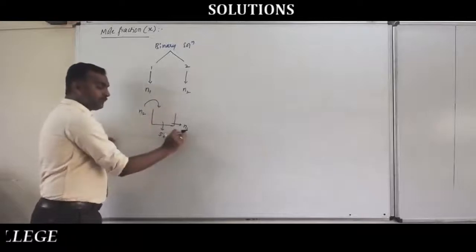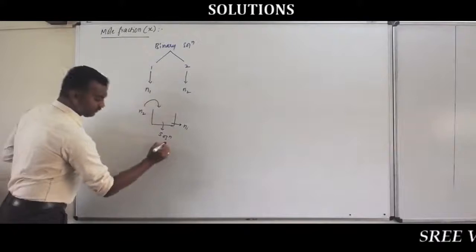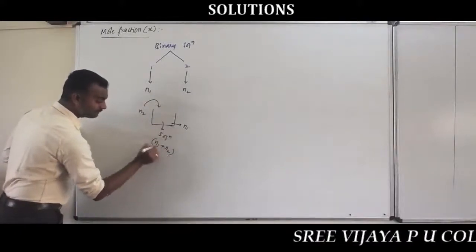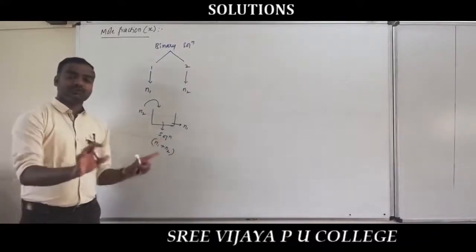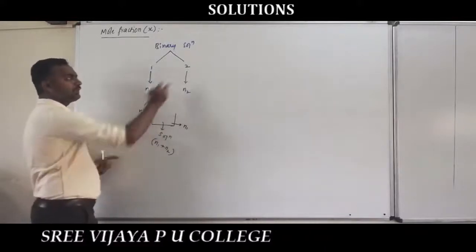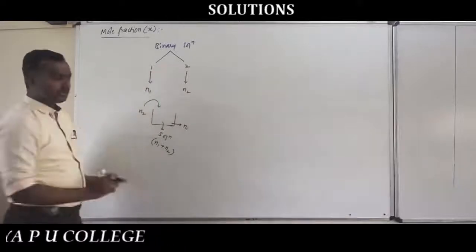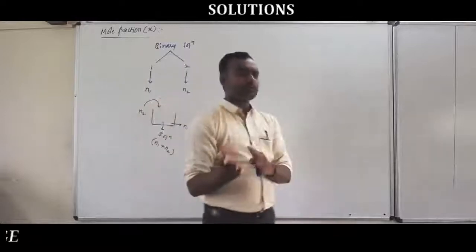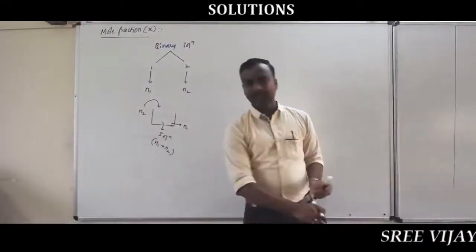Then it becomes a homogeneous mixture, which is called a solution. So the total number of moles of solution is N1 plus N2, the total number of moles of all the components. In a binary solution there are 2 components, and adding their moles gives the number of moles of solution, because solute and solvent mix to form the solution.